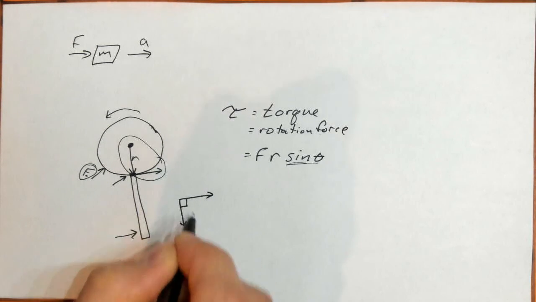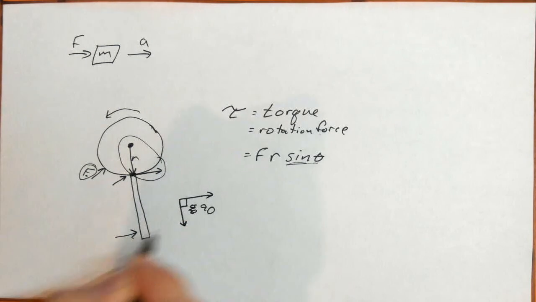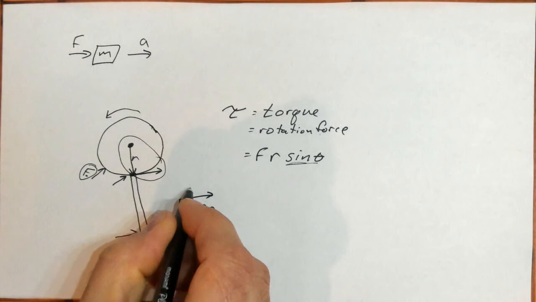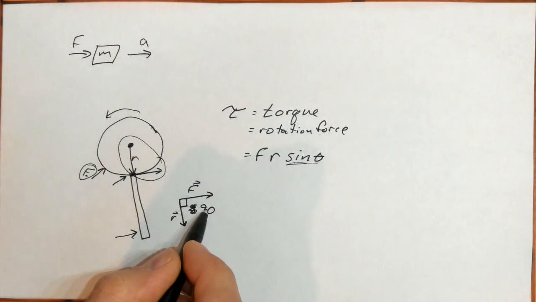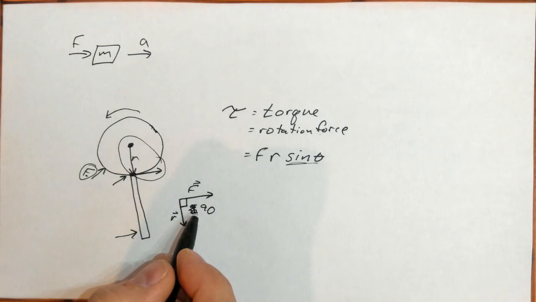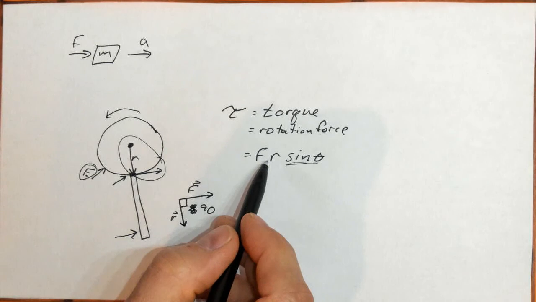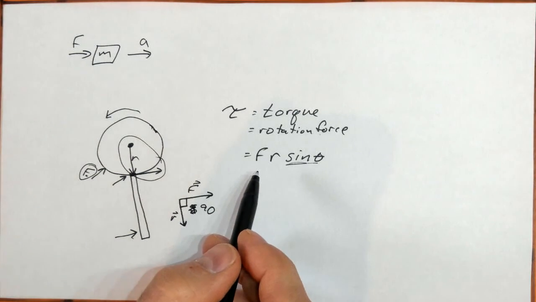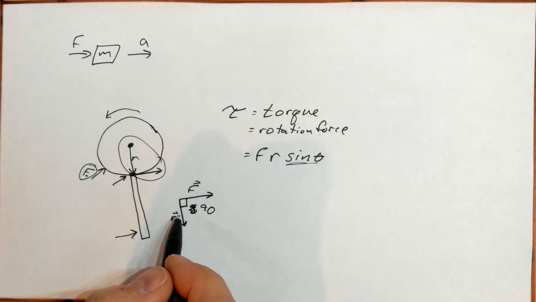And if they're perpendicular, that means the angle between them is 90. Okay? Here's the force, and here's the R vector. If the angle is 90, well, sine of 90 is 1. And so I've maximized the amount this force is going to cause it to rotate. Okay, so theta is the angle between these two vectors.